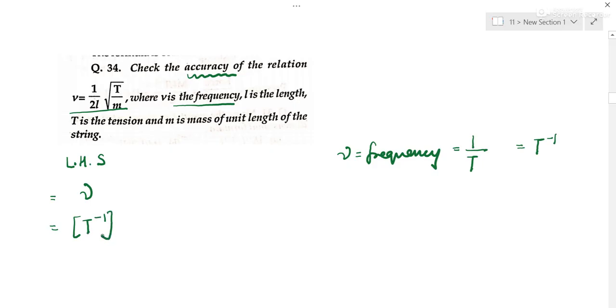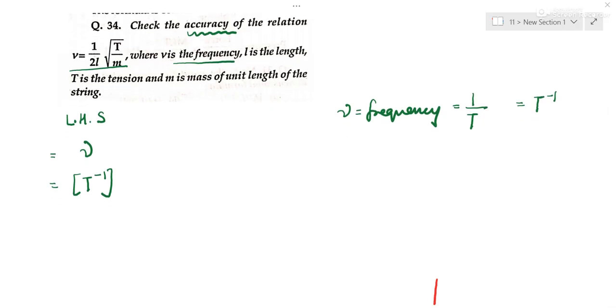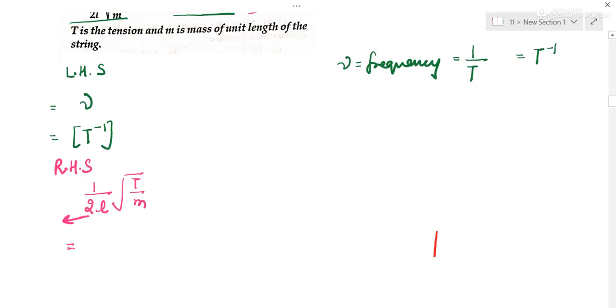Okay, now coming to right hand side, let us pick right hand side. It is 1 by 2L root t by m. Now this 1 by 2 has got nothing to do, it is a dimensionless constant. So 2 will not be written. L is length, so that is very easy.